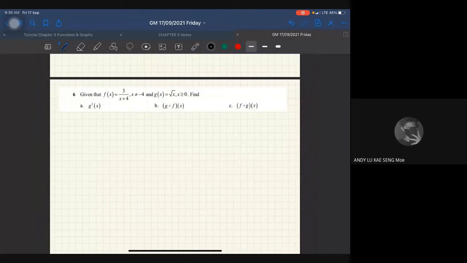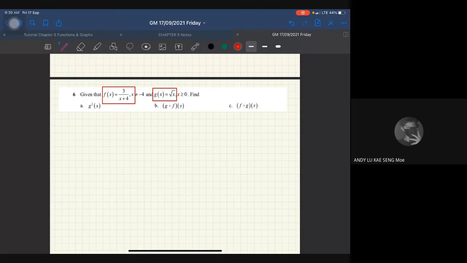Okay, so sekarang ni soalan kita bagi dua function. So we have two function over here, fx and also gx. Okay, so ini adalah yang soalan bagi. Kalau awak tengok dekat sini, the first part of the question, dia minta kita g square x.